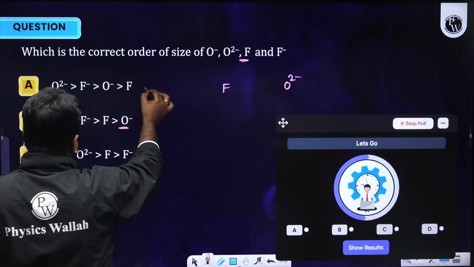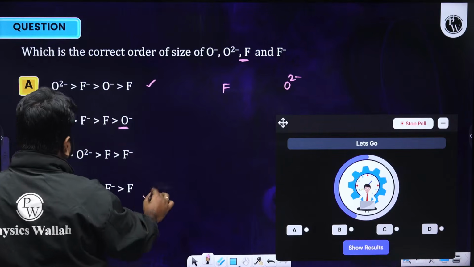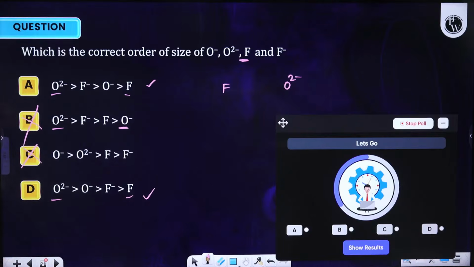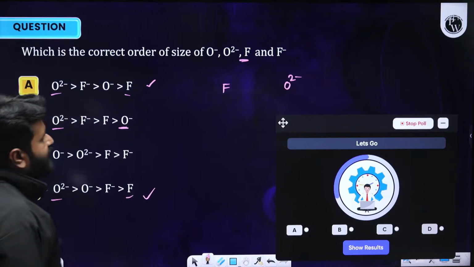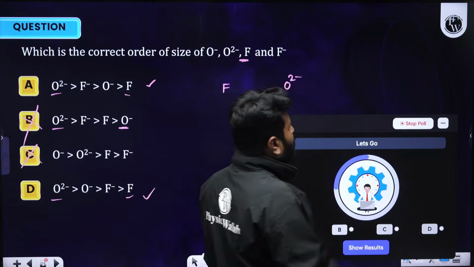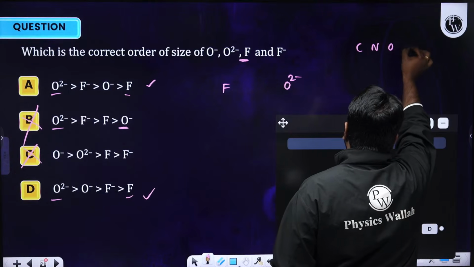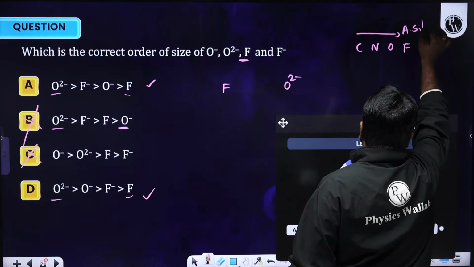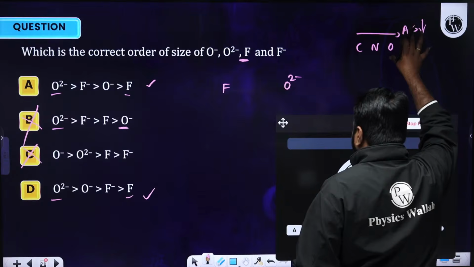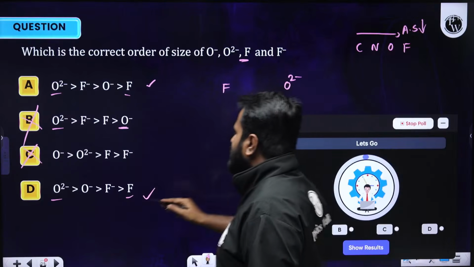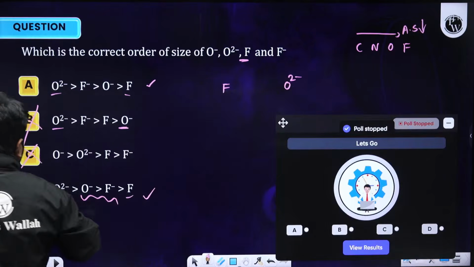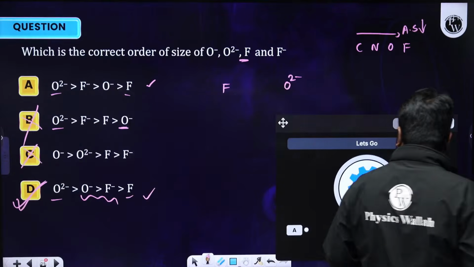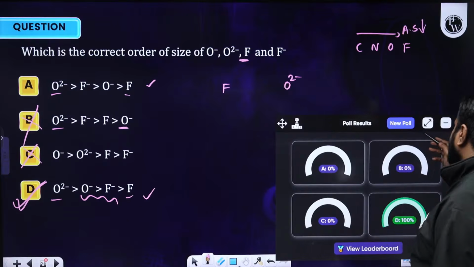If I compare between A and D, F is there. Between O minus and then F minus, which one will be having greater size, my dear students? We know very well carbon, nitrogen, oxygen, fluorine. Atomic size decreases. So automatically corresponding anionic size also decreases. O minus will have greater size than fluorine minus. Option D is the correct answer.